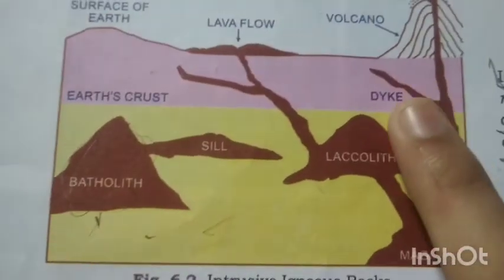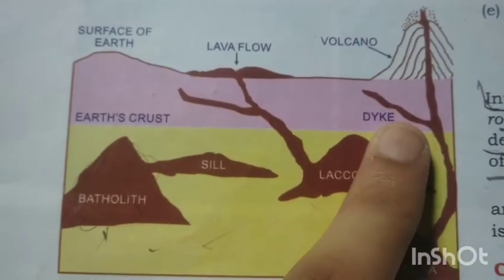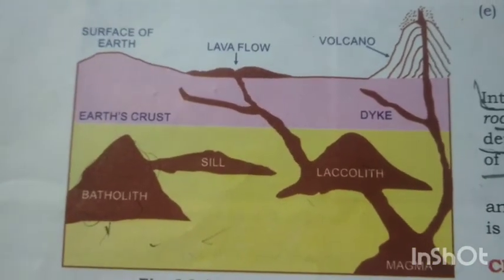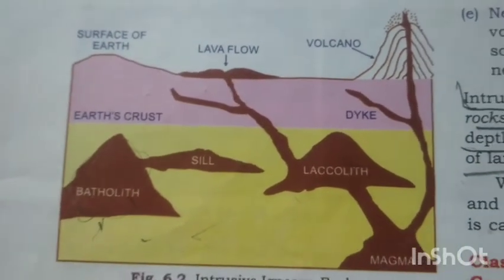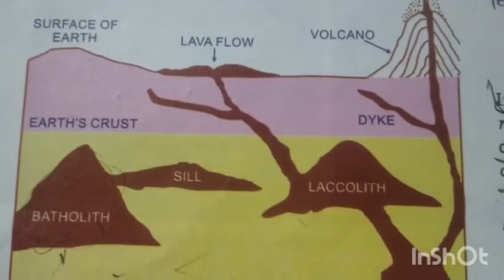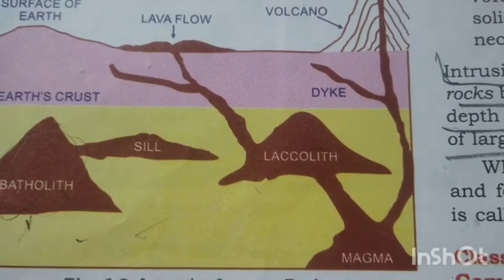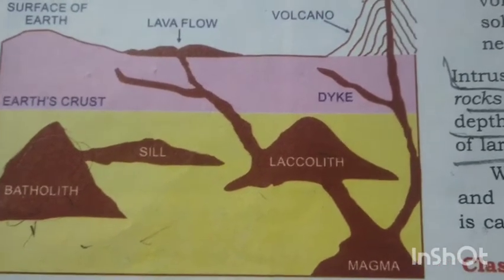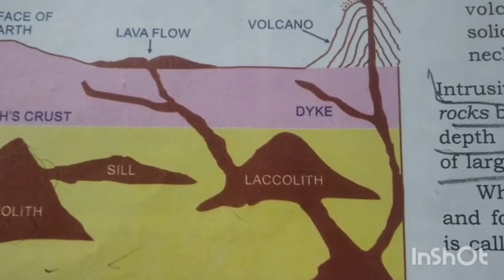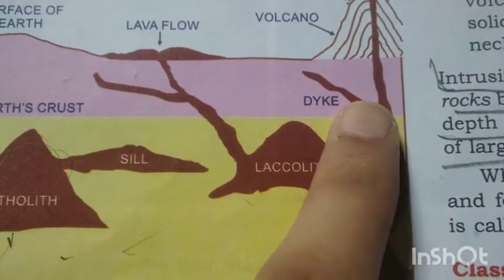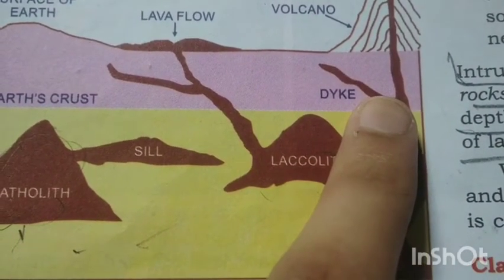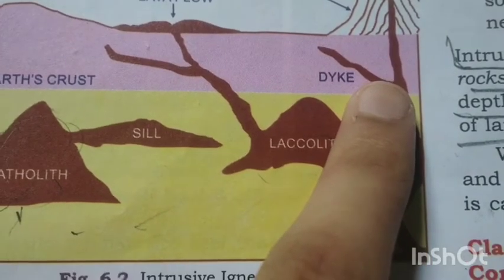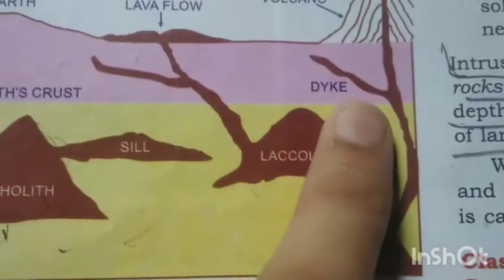Next is dike. This is dike, and because of huge pressure, we read in the earth structure that the inner core is solid because of high pressure, and the lower mantle is solid because of high pressure. Because of this high pressure, sometimes magma also flows. Magma is forced to fill the fissures.